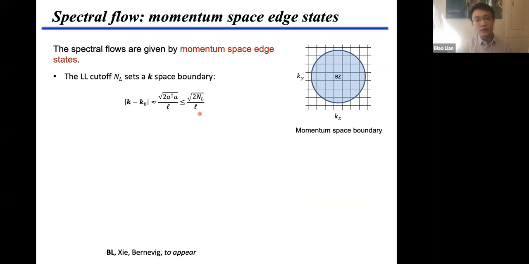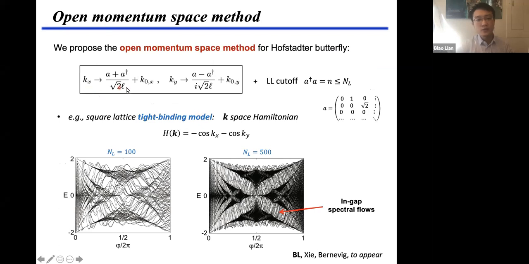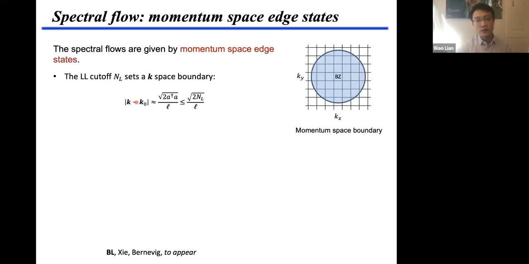Basically, what we did here is to replace the quasi-momentum by these Landau level operators. So if you calculate the norm of these quasi-momenta centered at K naught, you find K minus K naught is bounded by this cutoff. This is assuming, for example, the quasi-particle extends all the way outside the first Brillouin zone. So this is a momentum space lattice.